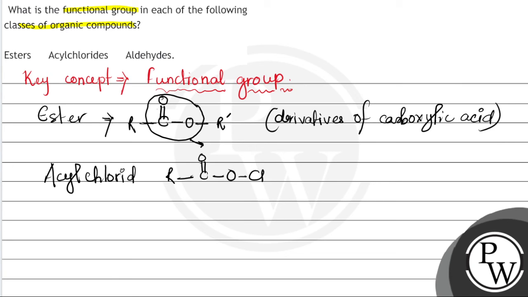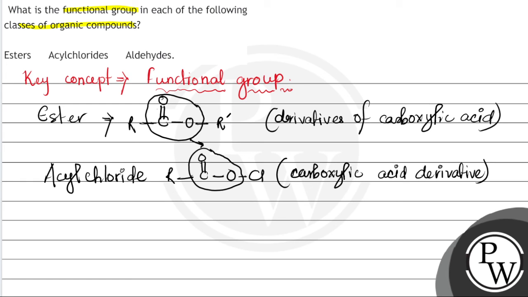Then here again in this case we can see a carboxylic acid functional group. So therefore acyl chloride is also a carboxylic acid derivative, or we can say derivative of carboxylic acid. So the functional group for acyl chloride is carboxylic acid derivative.